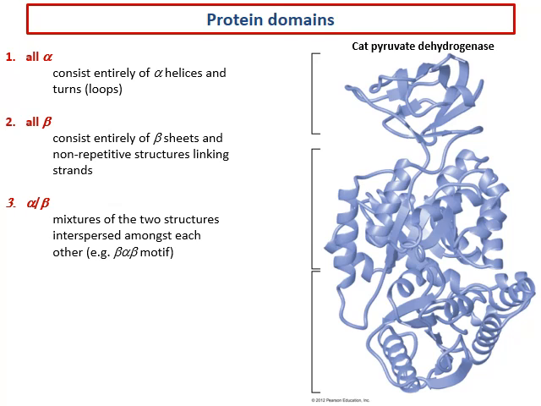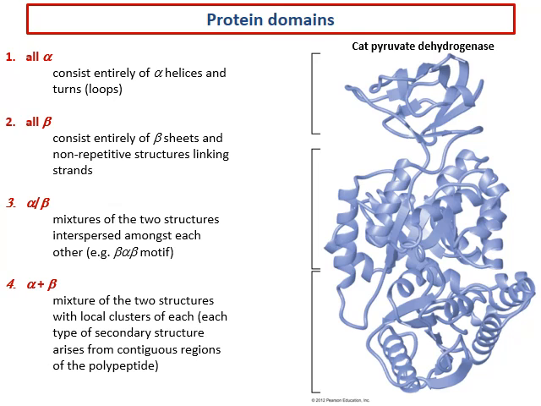We have alpha/beta domains where you have mixtures of the two structures interspersed amongst each other. For example, a beta sheet going into an alpha helix going back into a beta strand, right? So a beta strand going to alpha helix going back into a beta strand, and you can see that down at the bottom portion of pyruvate dehydrogenase.